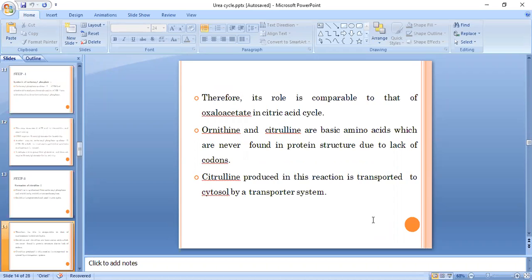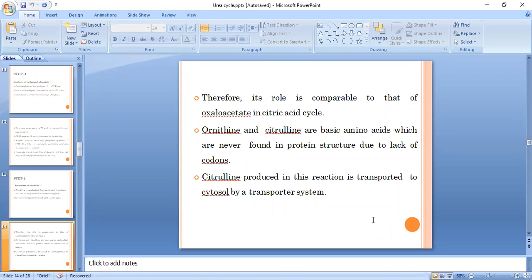Here the activity of citrulline is very much essential, and it is almost similar to that of oxaloacetic acid, which is important in the citric acid cycle. Ornithine and citrulline are basic amino acids which are never found in protein structure due to lack of codons.